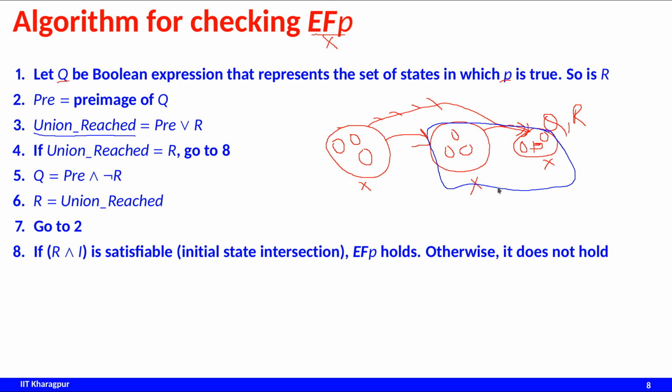And if we reach a situation when this union reach, that is the blue one, is the same as this R1, which basically stores the set of states in which EFP is true, if these two sets of states are the same, then we know we are not exploring any further, even if we allow a few more time steps.